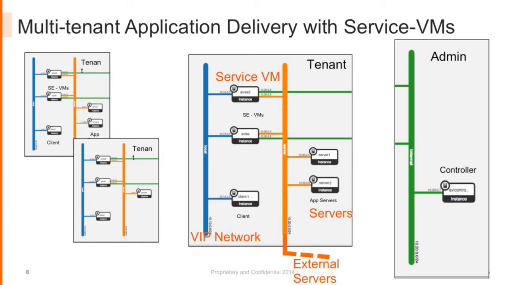And as you can see at the bottom in the middle for the tenant, the network on which servers sit, we can have a network that spans the external servers too. And the service VM just needs to be plumbed to the right networks so that it can get the web traffic and send it back to the servers.